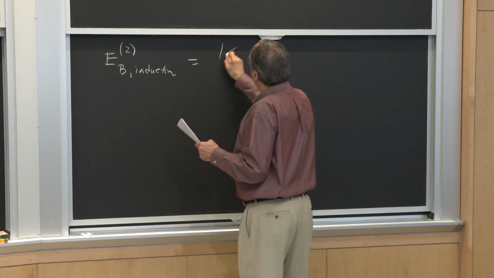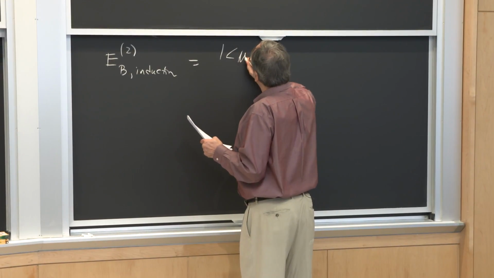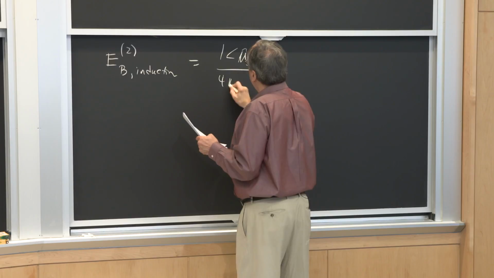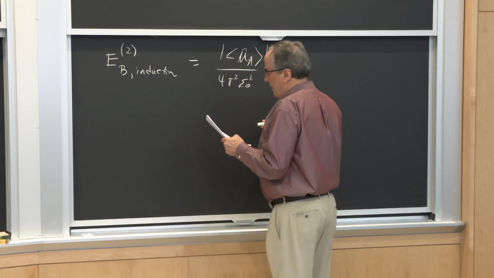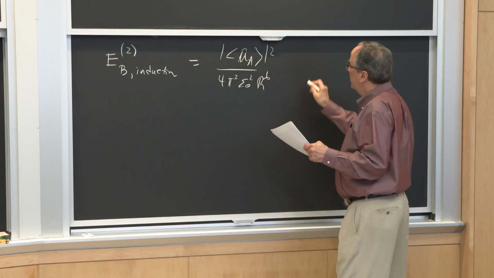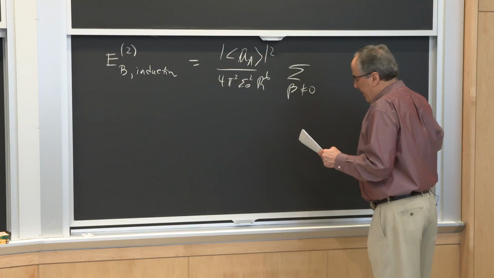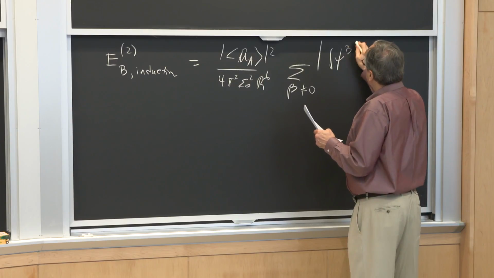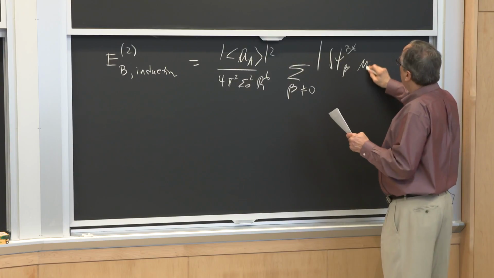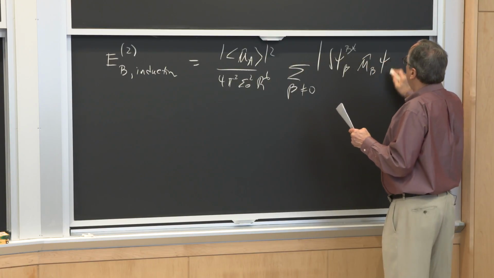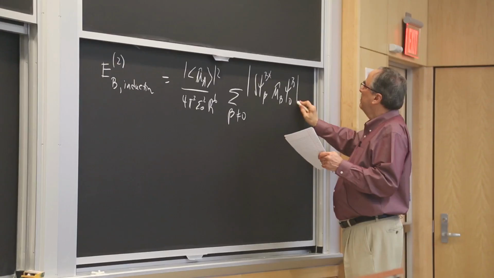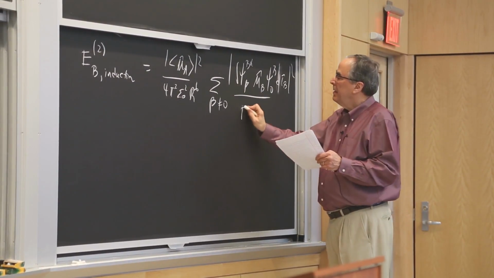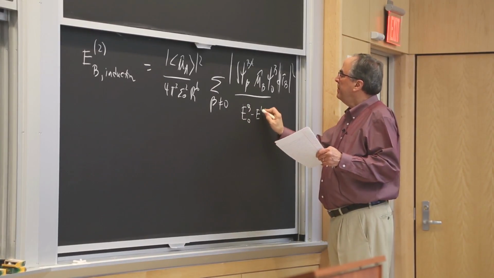And that's going to be mu A squared over 4 pi squared epsilon 0 squared r to the 6th times the sum over beta not equal to 0 of this squared matrix element, the integral of psi B star beta mu B psi B 0 d tau B, squared, over E B 0 minus E B beta.